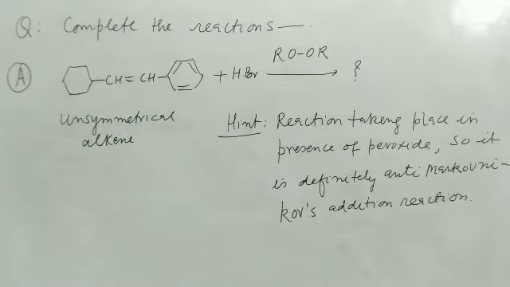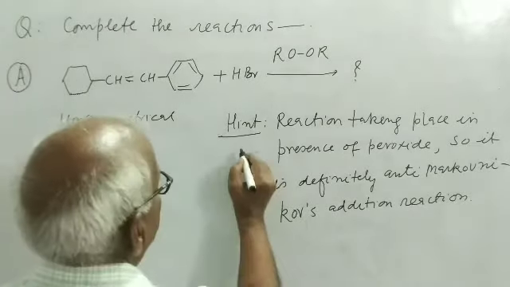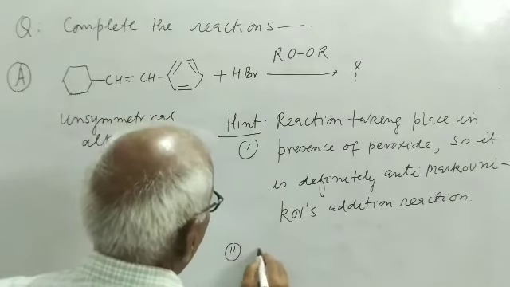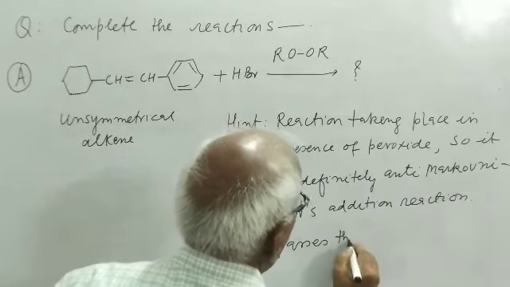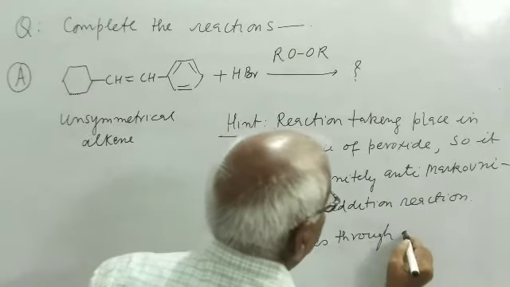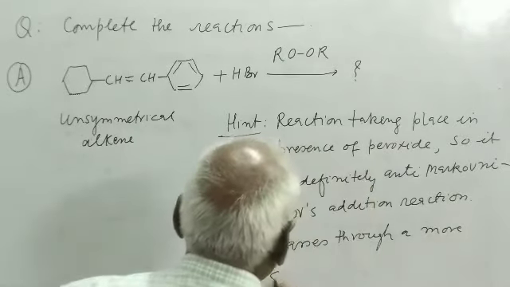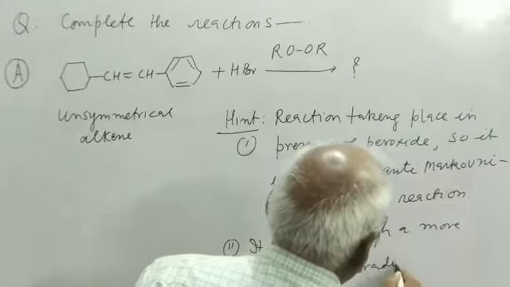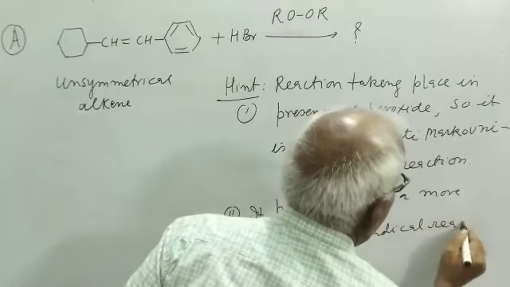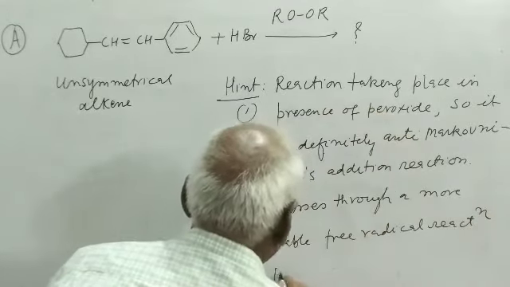How to answer the question? This addition reaction will proceed through a free radical intermediate. This is the first hint. Second hint, it passes through a more stable free radical reaction intermediate.